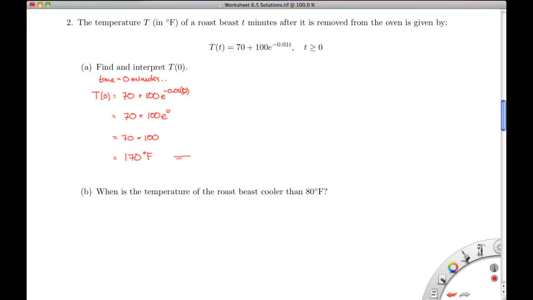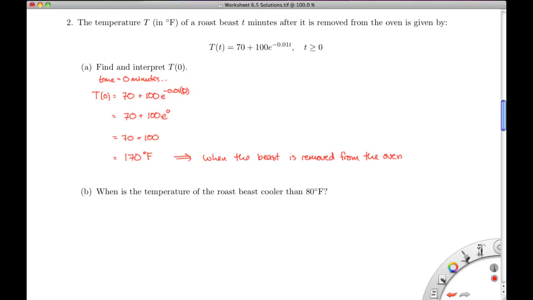So the way that we would interpret this is we could say that when the beast is removed from the oven, so that's time 0, at time 0 we're taking it right out of the oven, so it's as hot as it's going to be.